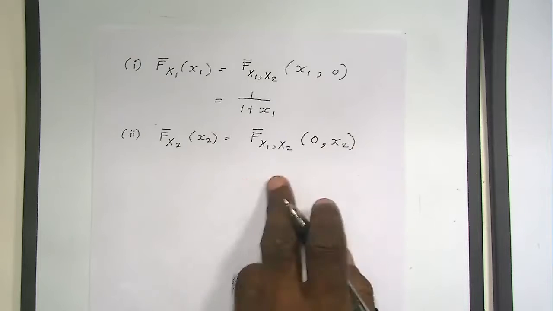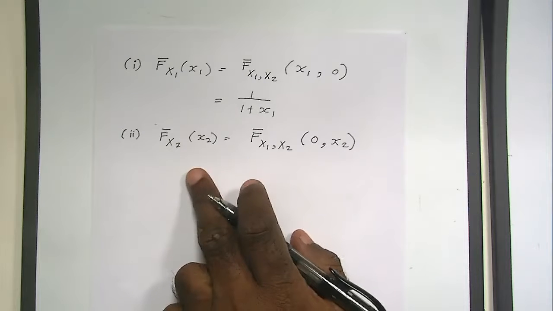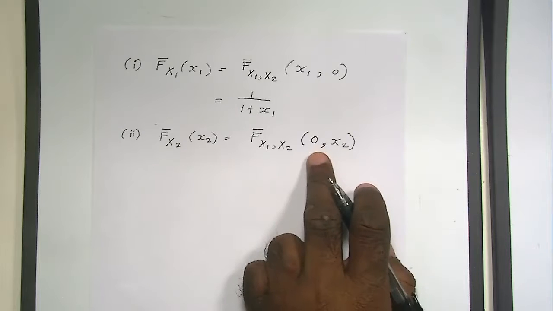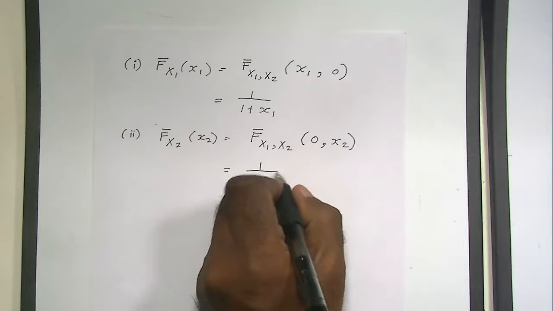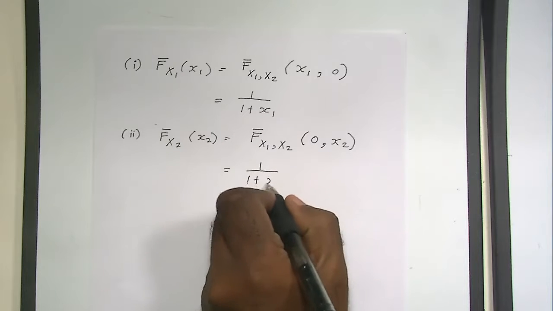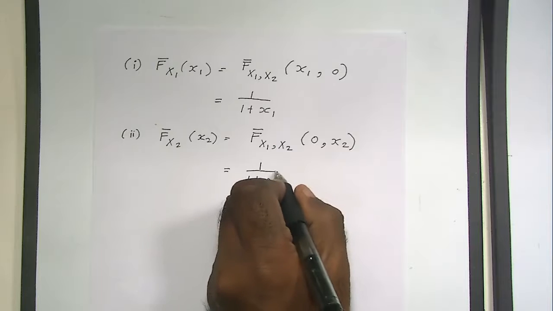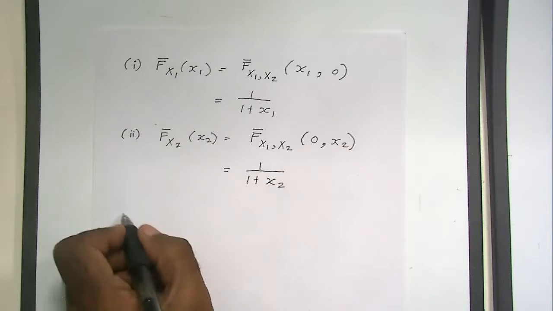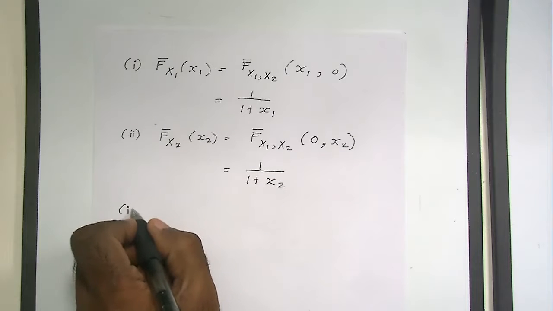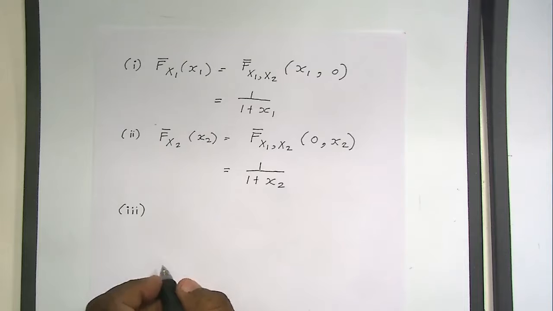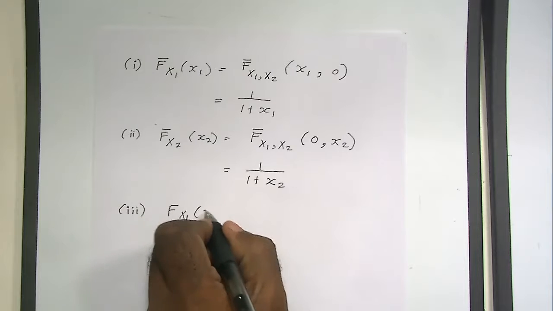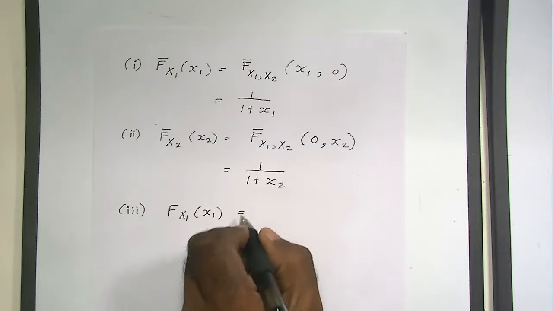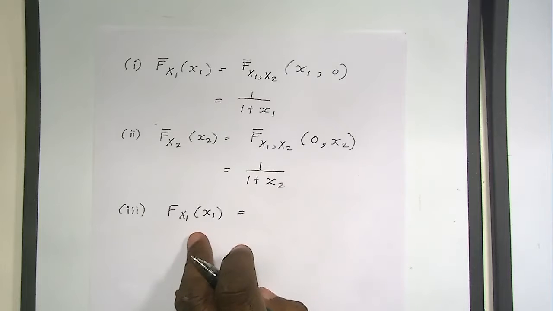All right. To find the marginal survival of x2, you put, in place of x1, you put 0, so you get this, right? Now remember that this is the marginal CDF of x1.